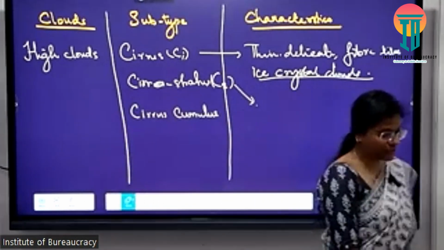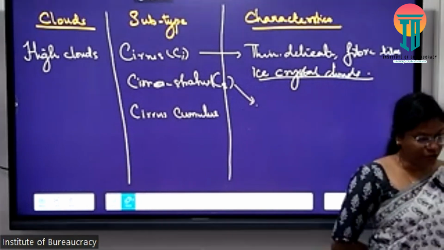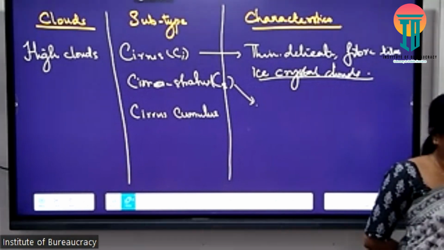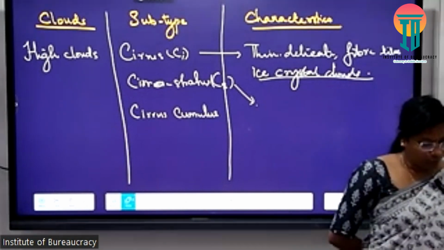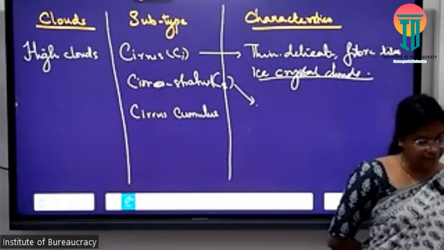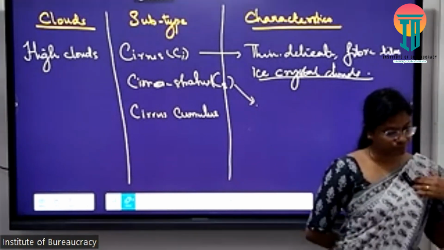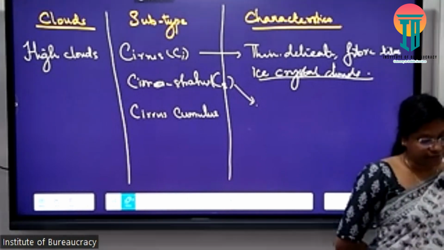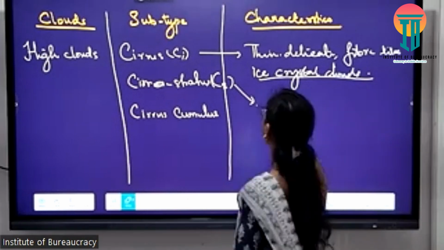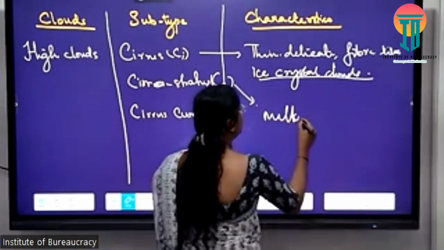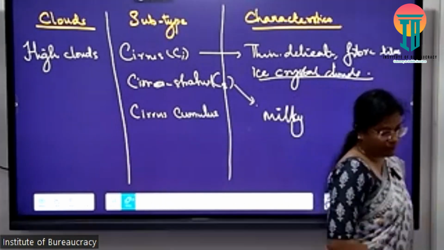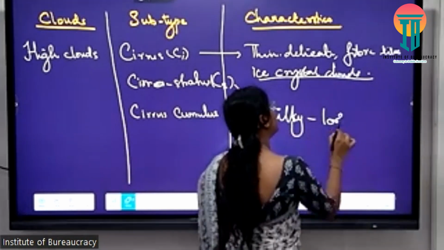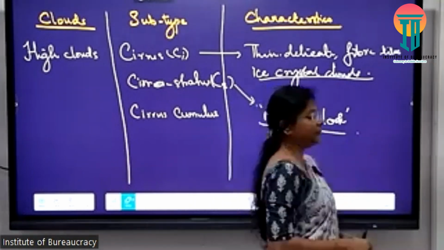Cirrostratus clouds are thin sheets of white ice crystal clouds that may give the sky a milky look.